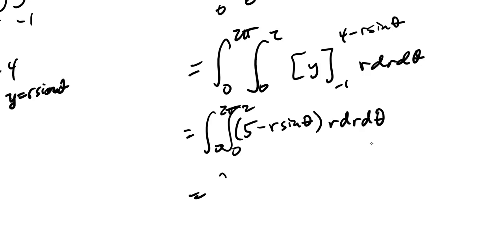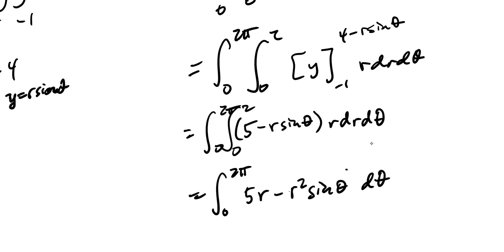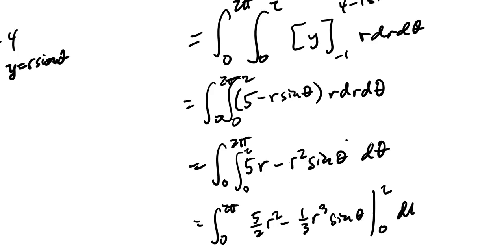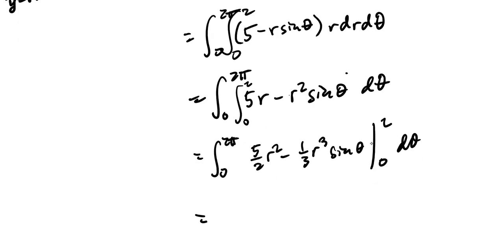So now I take that integral, and this will be 5r minus r squared sine theta dr d theta. And now I take the integral of that. So it would be 5 over 2 r squared minus 1 over 3 r cubed sine theta from 0 to 2 d theta.